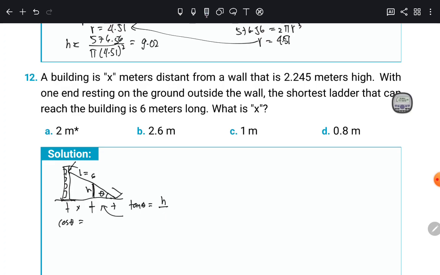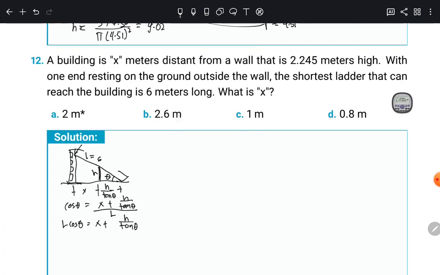So therefore, that side is actually just equal to h all over tangent of theta. So cosine theta will be equal to that side, x plus h over tangent theta, all over the hypotenuse, which is L. Or L cosine theta will be equal to x plus h all over tangent of theta.